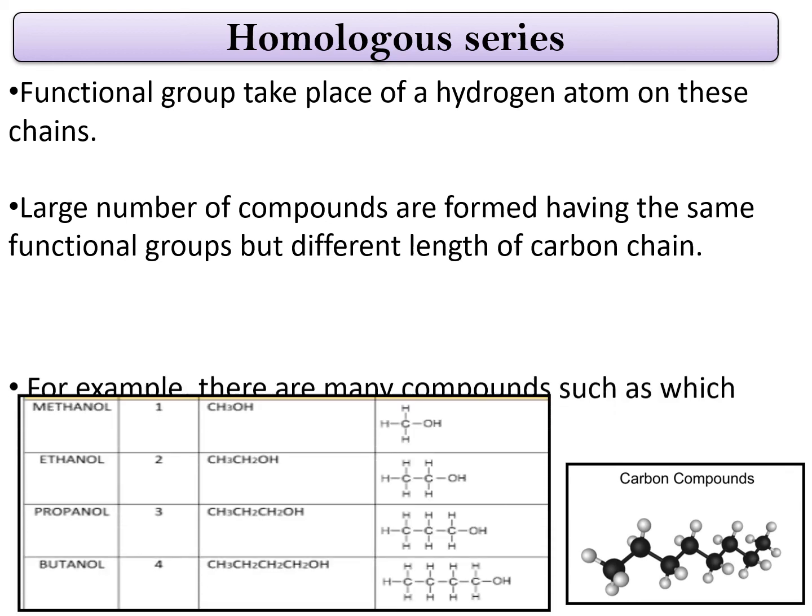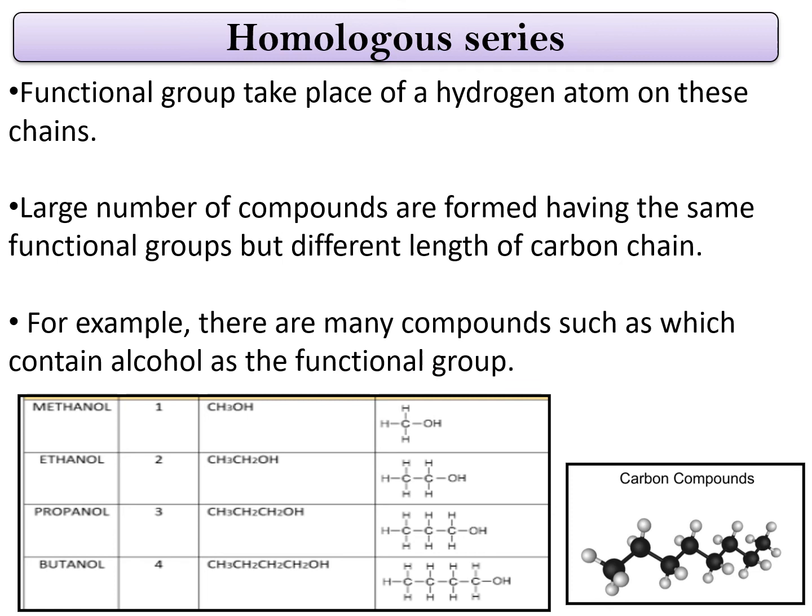For example, if you see here, there are compounds in which the functional group added is an alcohol. When we add it to the first compound, it is methanol. In methane, one of the 4 hydrogens is replaced by the OH group, that is the alcohol group. We get methanol.